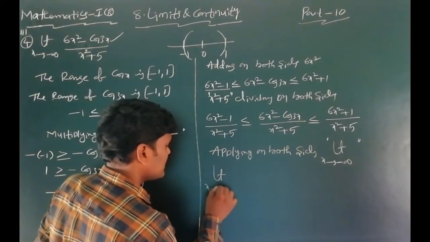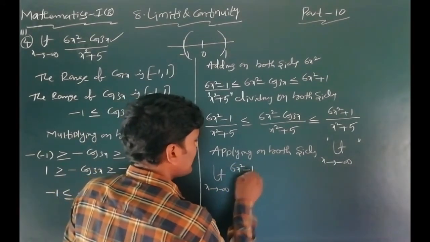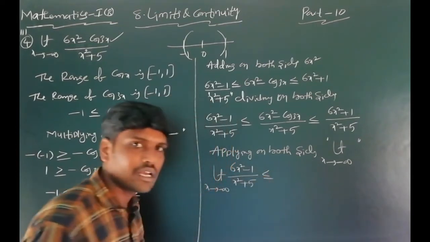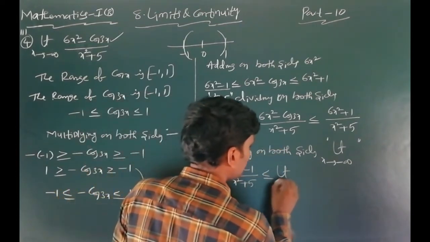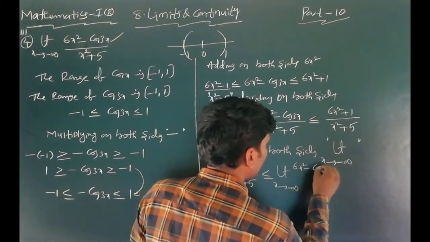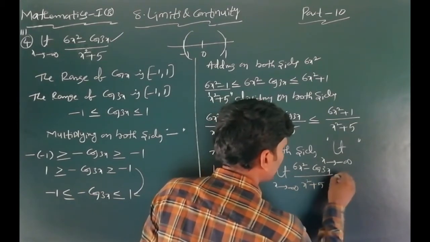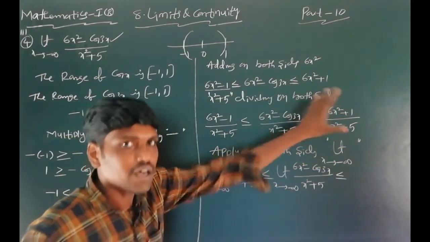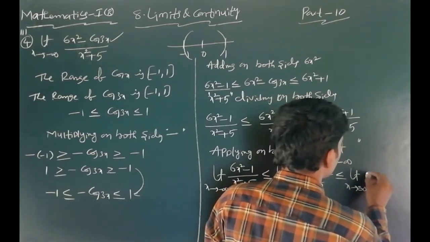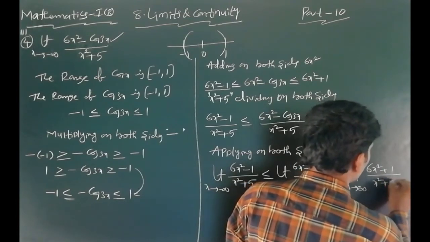Limit x tends to minus infinity of 6x square minus 1 by x square plus 5 is less than or equal to limit x tends to minus infinity of 6x square minus cos 3x all by x square plus 5, less than or equal to limit x tends to minus infinity of 6x square plus 1 by x square plus 5.